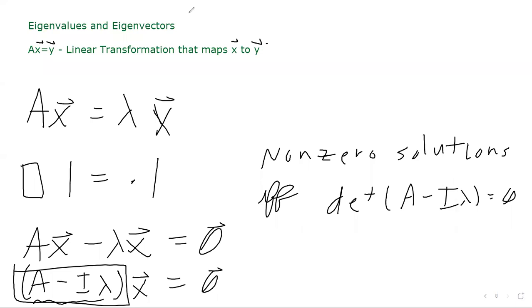So our goal is to find our characteristic equation. And let me just type it, it'll be easier. Now that's nothing new here.